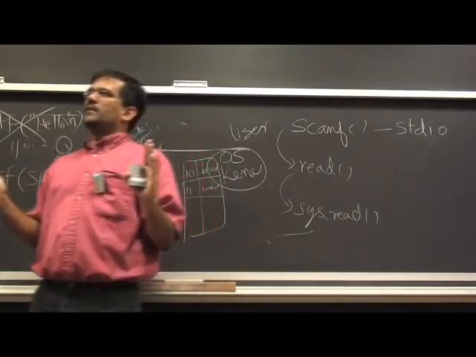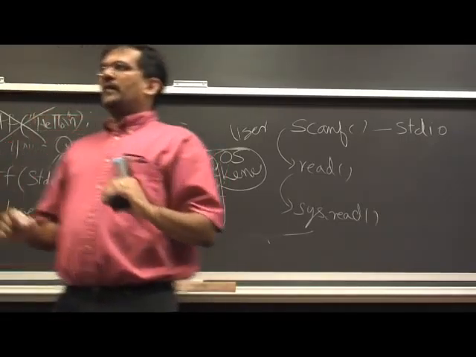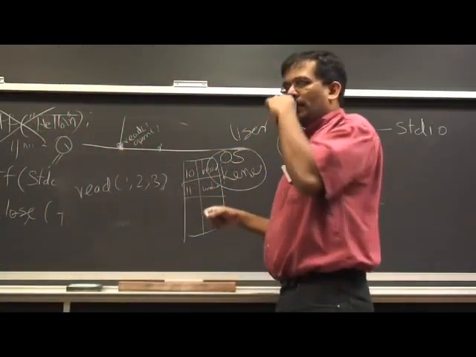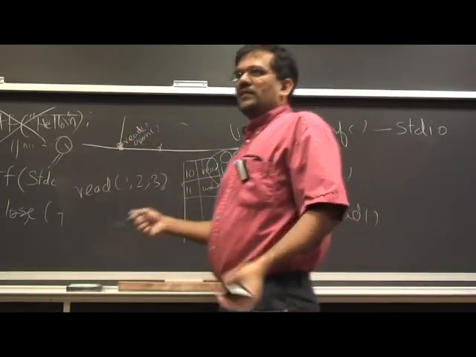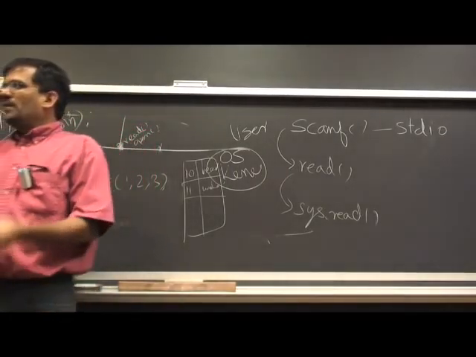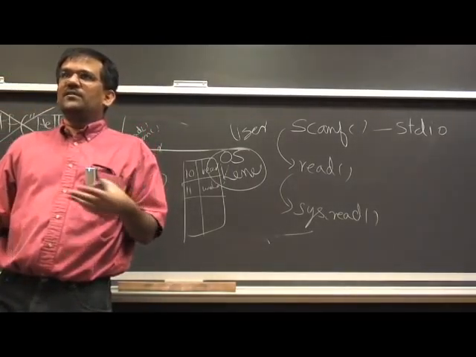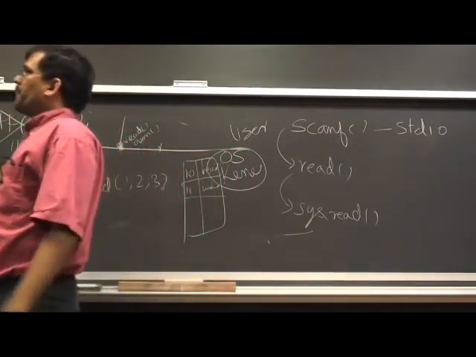So there's a certain convention. Before you make the trap, you have to put the right parameters in the right registers, and when you're done, you expect the values in the right register. It's simple, but it's kind of annoying, because you only have a few registers, and if you're using them for this purpose, you can't use them for anything else.